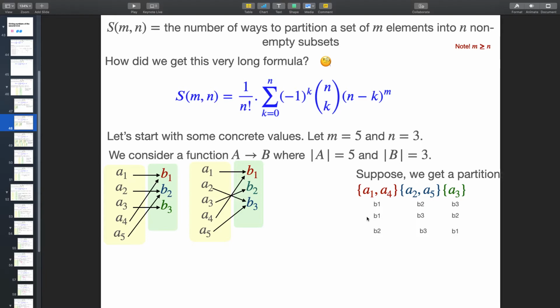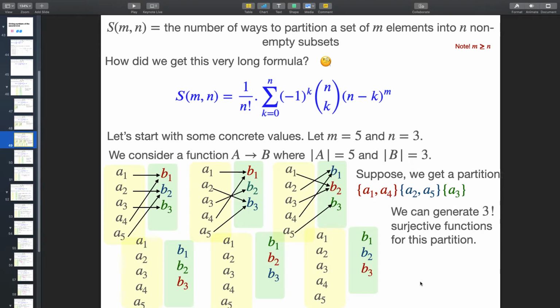So, ilang onto function yung pwede nating ma-associate sa isang partition? Agree ba kayo? 3 factorial? Bali, permutations nitong B sub 1, B sub 2, at B sub 3. Yan. We can generate 3 factorial surjective functions for this partition.